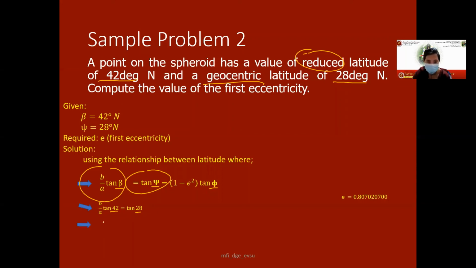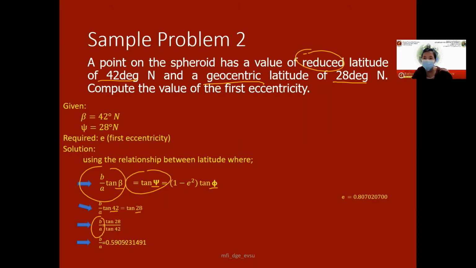So therefore, b over a is equal to 0.59052314191.